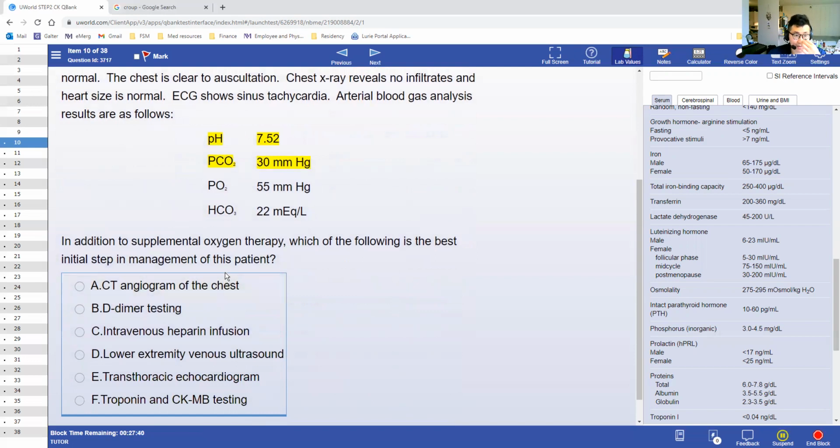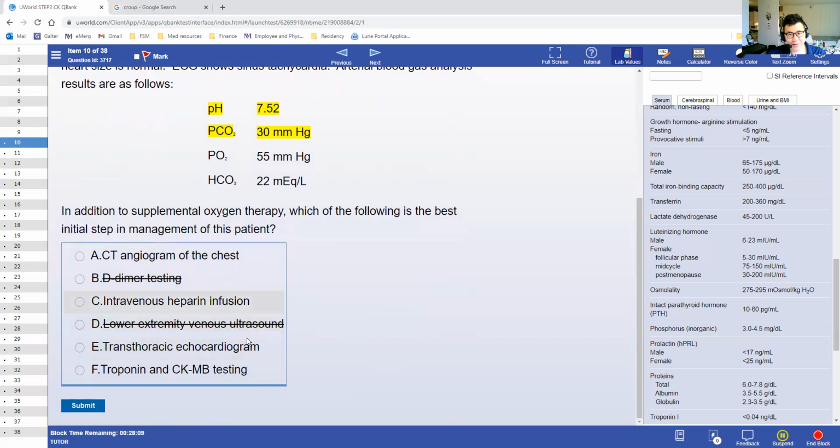Yeah, I could get a CTPA on this patient. D-dimer is useless in the post-surgical setting. IV heparin. Actually, I guess another thing this question could be testing me on is, if your suspicion for PE is high enough, do you just treat and give heparin first before you go for a CTPE? That would make sense to me actually, so I'm going to leave it there.